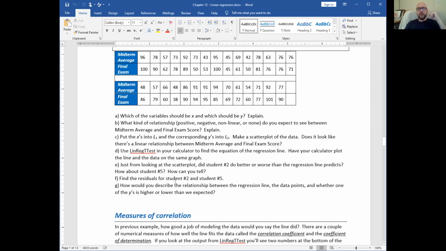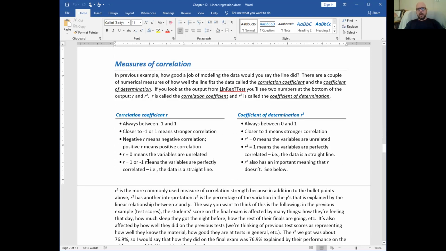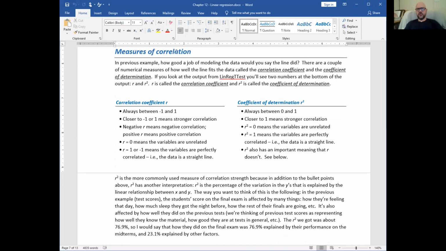Okay. Let's talk about how we can analyze our data. Remember that we got a bunch of information there, aside from just the equation of the line, and I want to talk about what that information is telling us. So, measures of correlation.